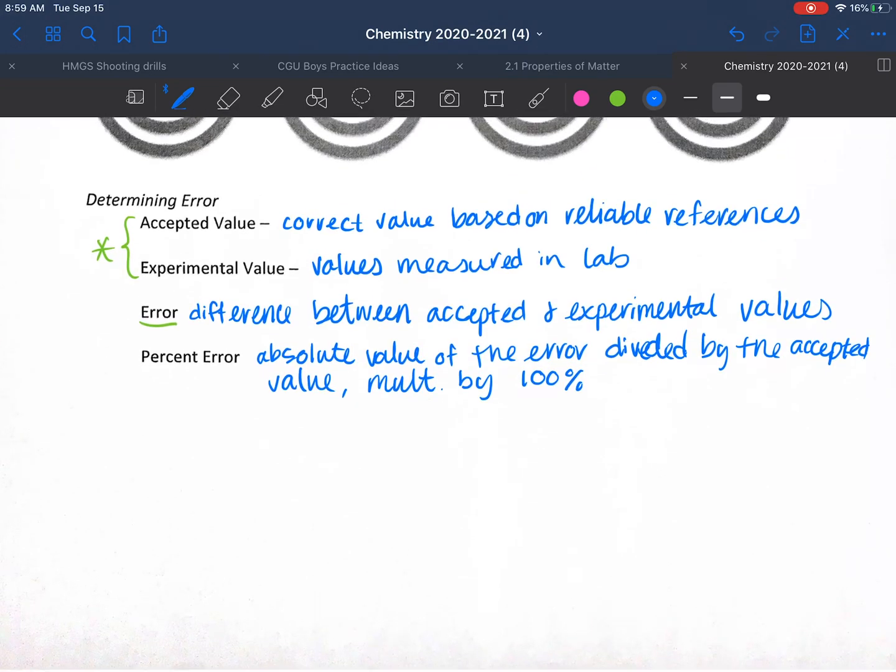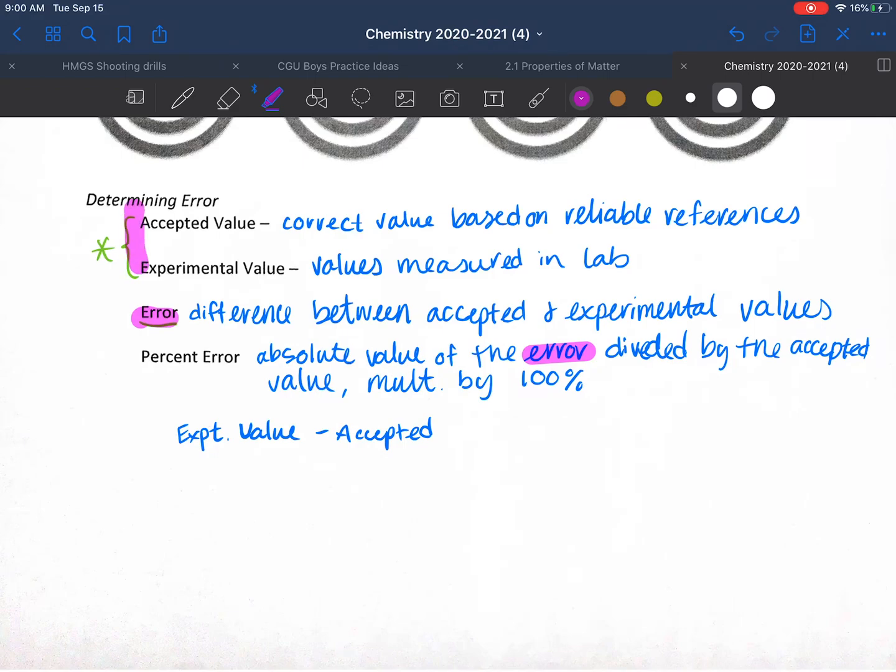It would be experimental value minus the accepted. Because remember, if we are looking at the error, it is the difference.